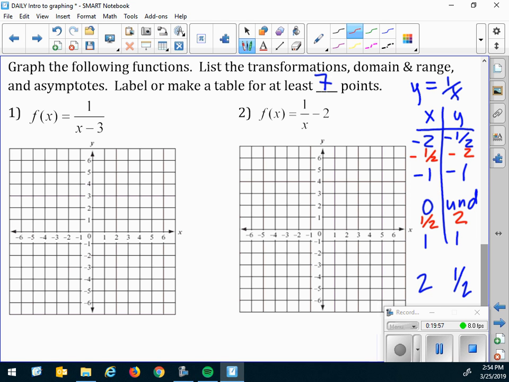Now, here we go. You got a lot more room to write on the white part than I do. Look at number 1. What kind of transformation? What's that minus 3 do? Horizontal shift. Which way? Right 3.